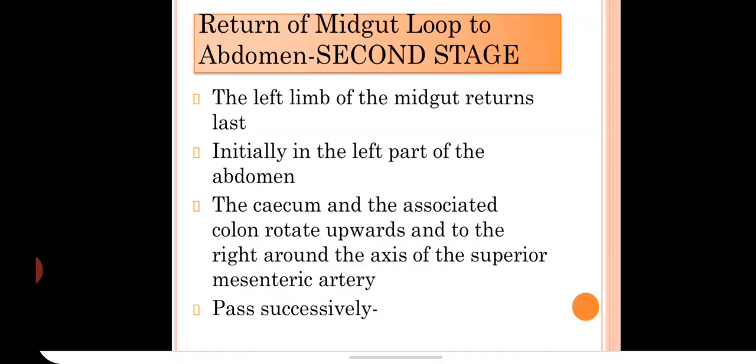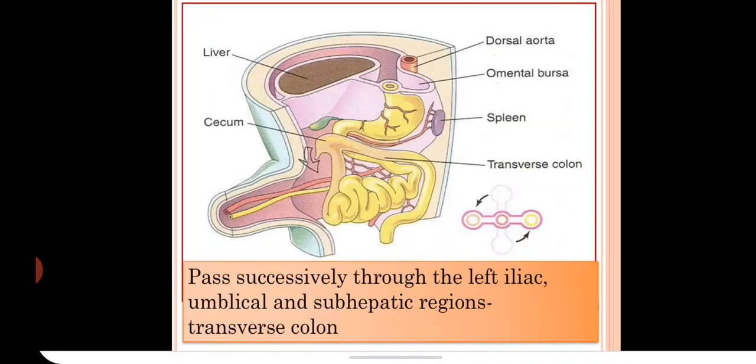The cecum and the associated colon rotate upwards and to the right around the axis of the superior mesenteric artery. So now the second stage of rotation starts. They pass successively through the left iliac, umbilical and subhepatic regions, so that the transverse colon will be formed.